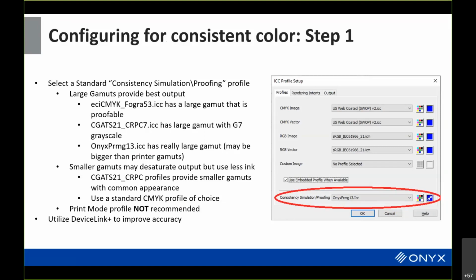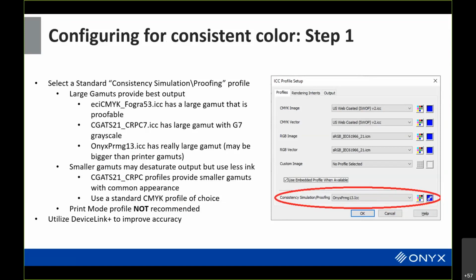I do not recommend that people use a profile for a print mode as an intermediate. You're not going to be happy with the results, because the inks of the printers are going to be different, and you're not going to get exactly the same. Saying I want to make everything look like this printer is a challenge.